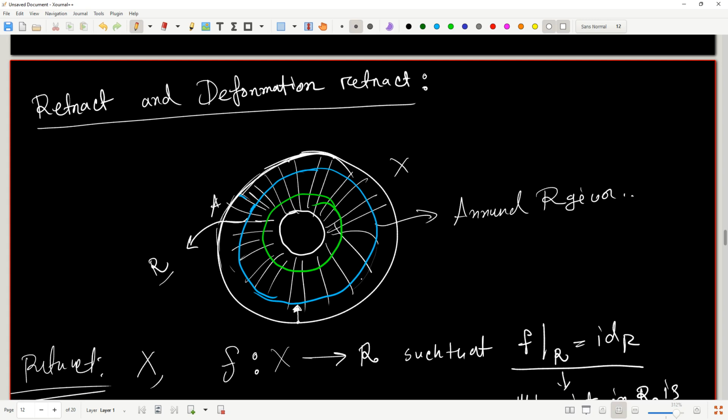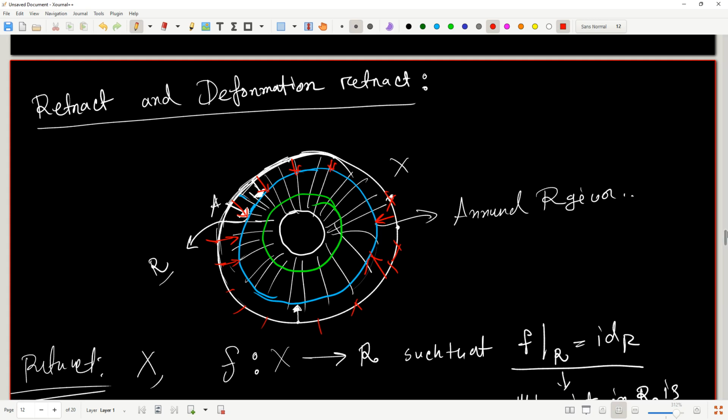So when I shrink A, let's say the boundary over here, the points in R stay fixed, and I can continuously shrink that with the help of some function that takes every point in A, every point, let's say these points, and maps them to R. This is a retract.